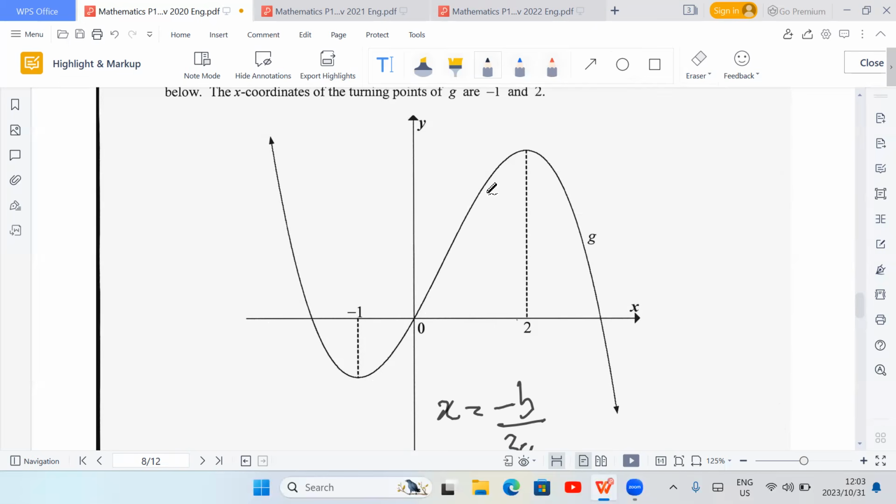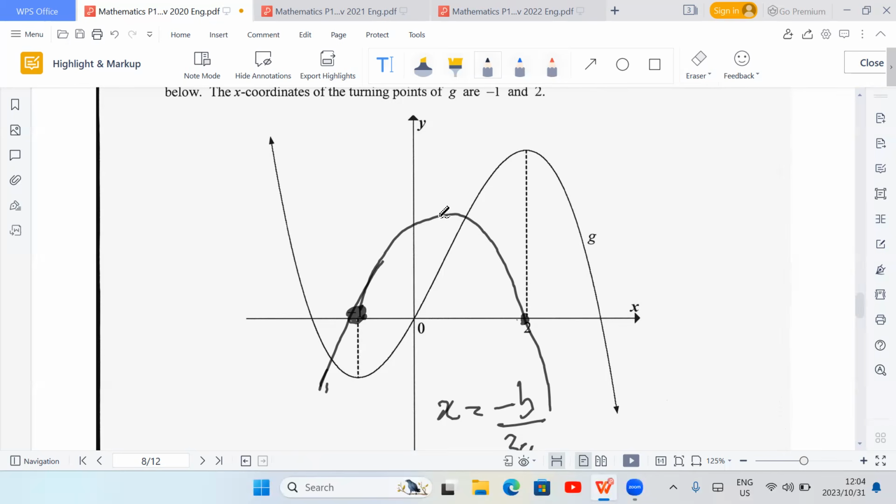midpoint. You can calculate the midpoint of the x coordinates of the turning point, because here you are just using the fact that the point of inflection is just the axis of symmetry of the parabola graph. So if you can just check here, the x-intercepts of the parabola graph correspond with the x-coordinates of the turning point.